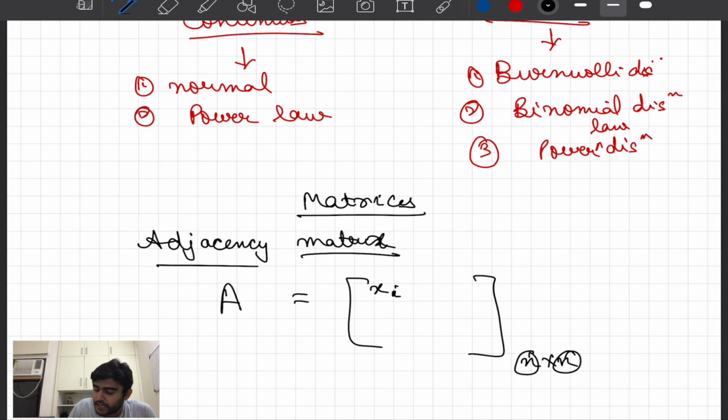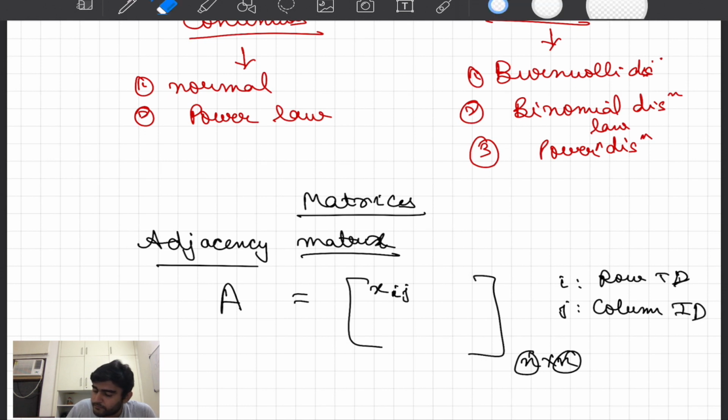The identity of each element is given by xij, where i is the row id and j is the column id.